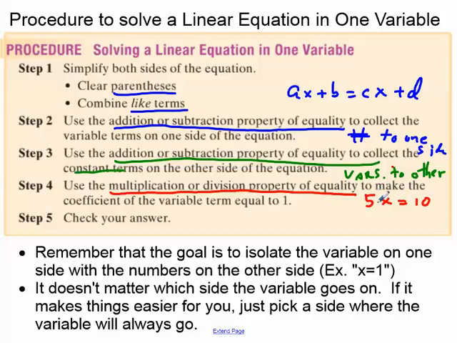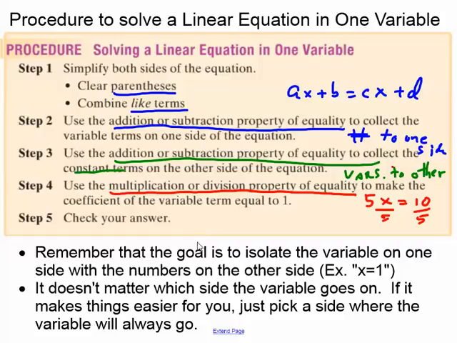We want to know what x is, or what 1x is. So we've got to divide by 5. That's the example in red. Treat both sides equally, divide by 5 to get just 1x on the left. x equals 2. And then the last step is, check your answer.